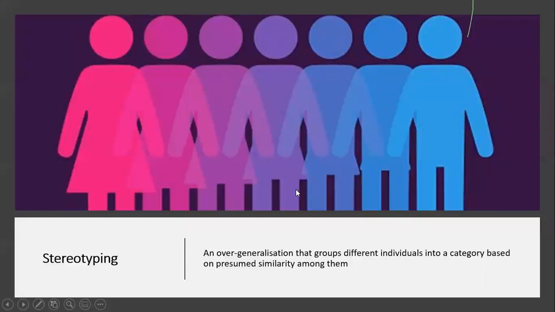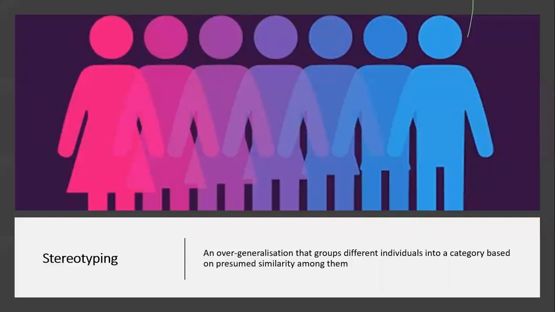So the first misperception is stereotyping. Stereotyping is an overgeneralization that groups different individuals into categories based on presumed similarity between them. Like for instance, they say Yoruba men, you say they are Yoruba what? Yoruba demons, right? That's stereotyping, because not all Yoruba men may be promiscuous. You understand?